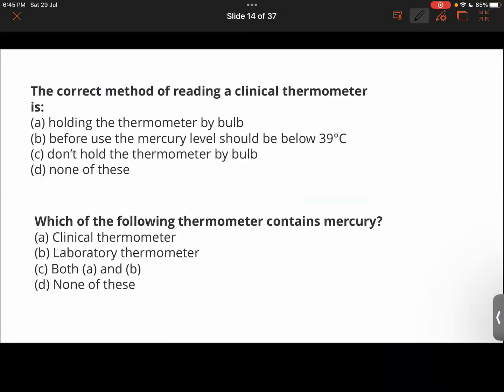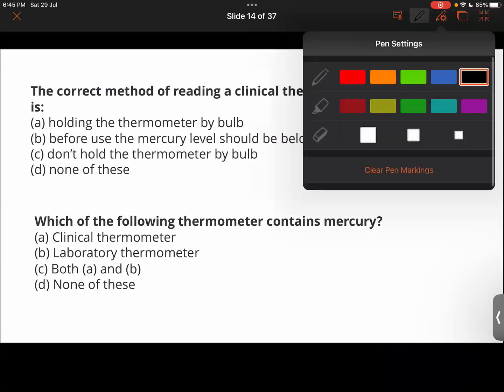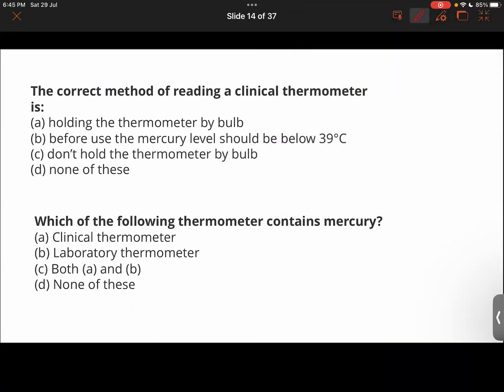Still I have got a few more questions. Let's quickly see that and then move on to the concept. So the correct method of reading a clinical thermometer is: hold the thermometer by the bulb before using; before use, the mercury level should be below 39 degrees Celsius; don't hold the thermometer by the bulb; or none of these. What is the correct method?